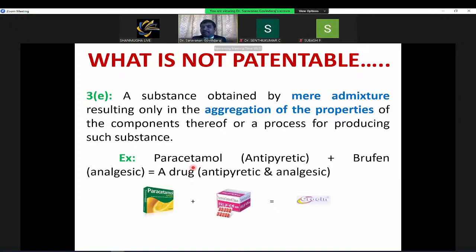And when I combine them, mixing 500 mg of paracetamol and 200 mg of ibuprofen, and I make a drug, can I go for a patent? It is not possible. According to the Patent Act, it is not patentable.